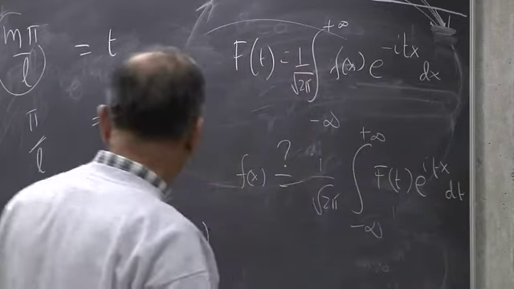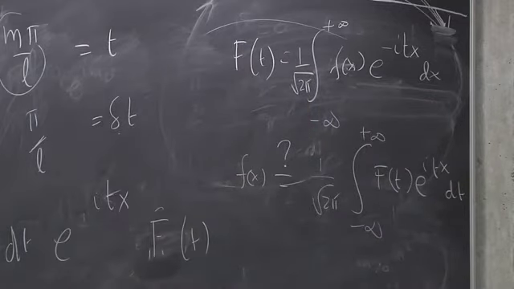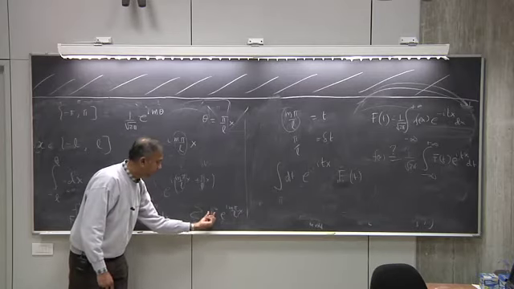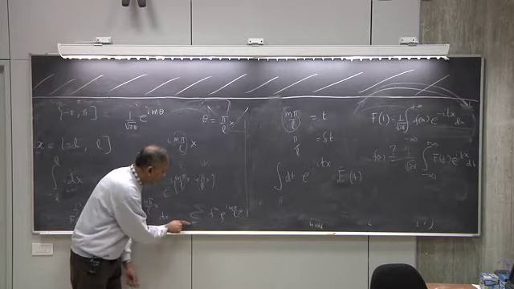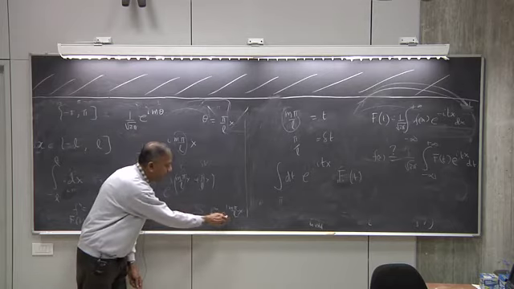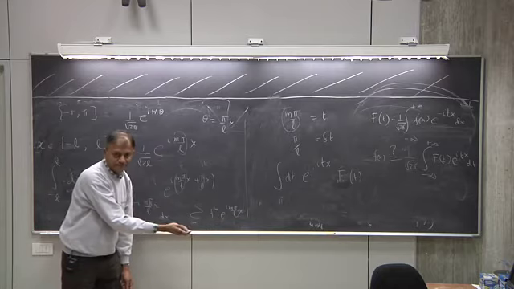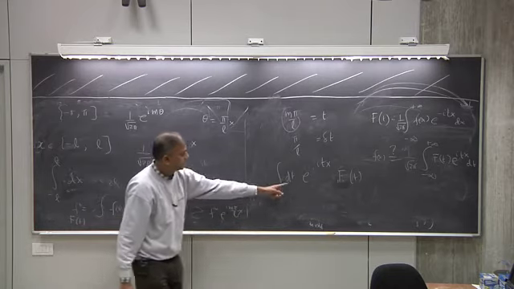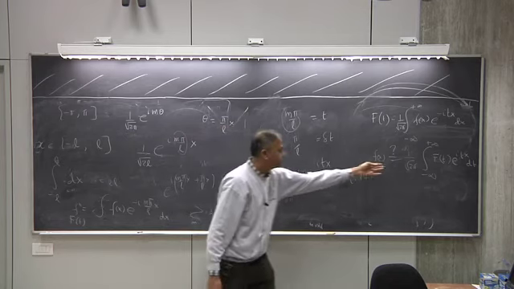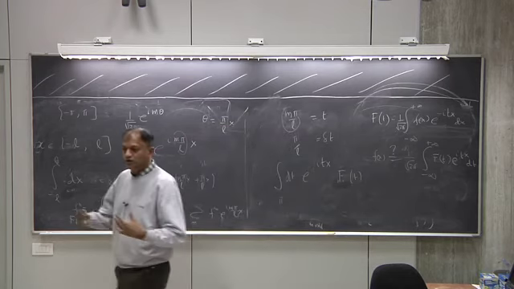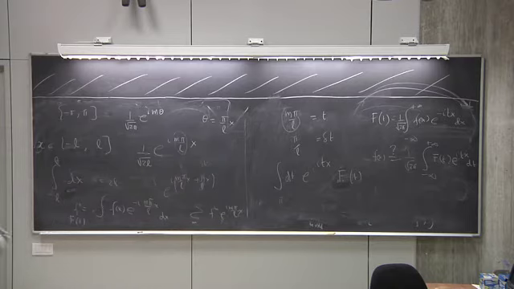And the second equation is analog of that Fourier series, because instead of f_m we now have capital F of t, and this sum in the L goes to infinity limit should just become an integral. So you get here dt, e to the i t x, F of t, again with some 1 over root 2 pi factor. So this is what you would expect: Fourier series experience tells us that this is what we should expect in the limit L goes to infinity.